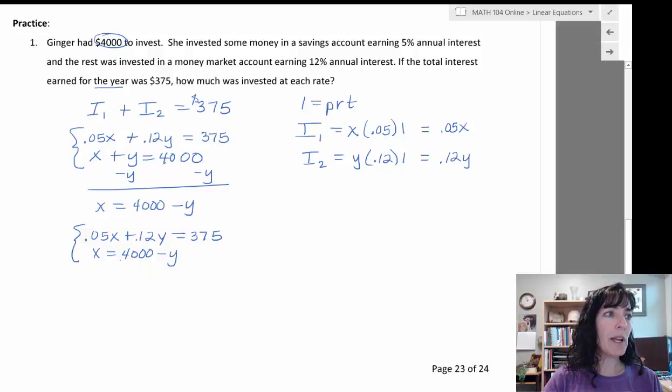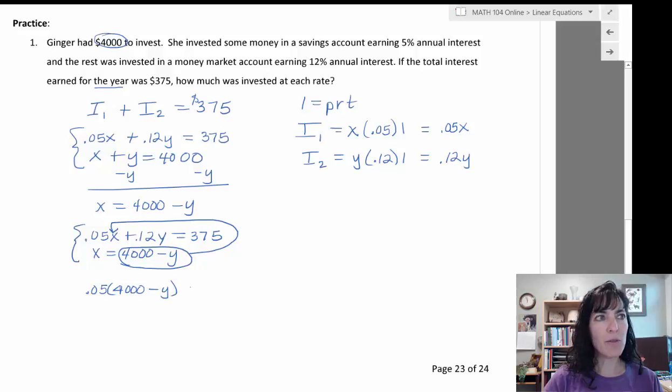But at this point, I can see the substitution method. Take this amount for the x, because x is equivalent to this amount, plug it into the first equation where you see the x. So that's going to give me 0.05 times the 4,000 minus y that I stuck in there for the x. I haven't done any substitution for the y, so I still have 0.12y equals 375.